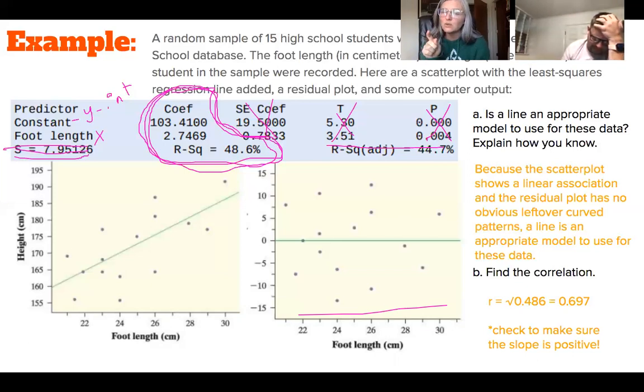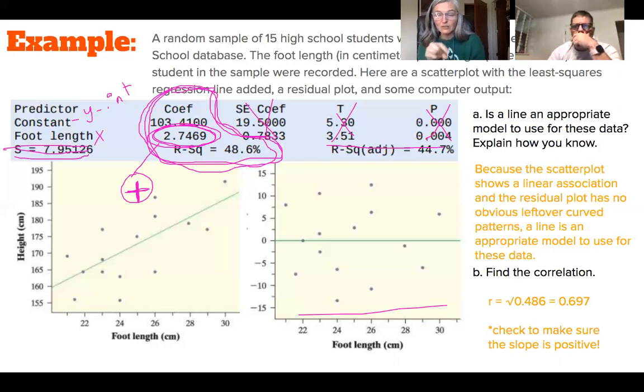When you take the square root of the R squared value, you have to decide, is my R value positive or negative? Mr. Bobby's circling the slope because if the slope is positive, R is positive. If the slope is negative, R is negative.